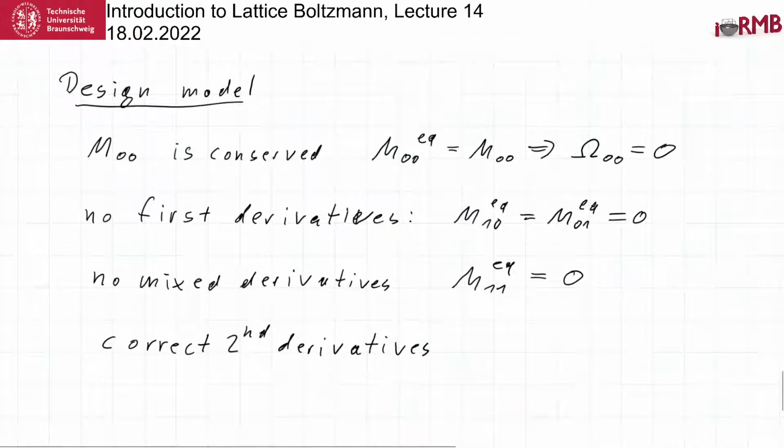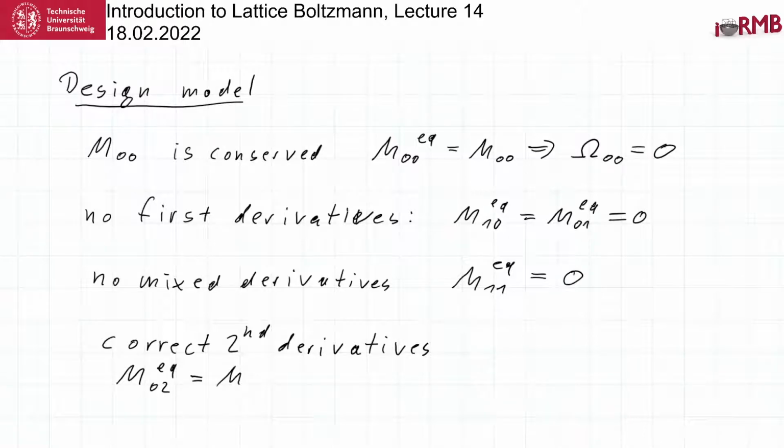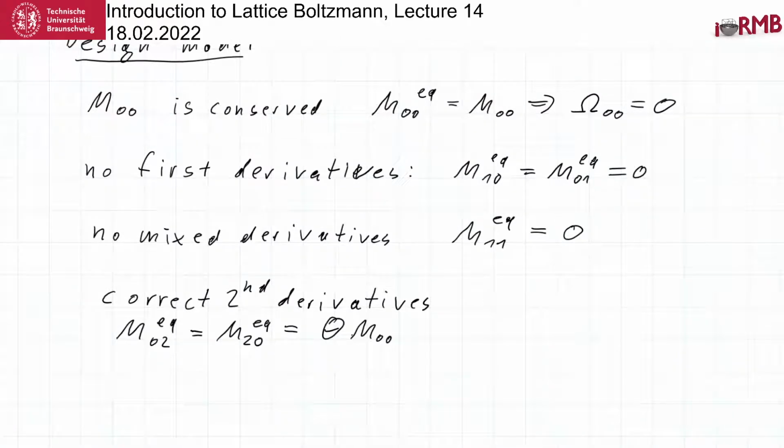And this we do by saying that M02 equilibrium should be M20 equilibrium. And this has to be related to C, so we introduce a theta times M00. So usually our theta has always been 1/3. Now we leave it open, so it could be anything else.